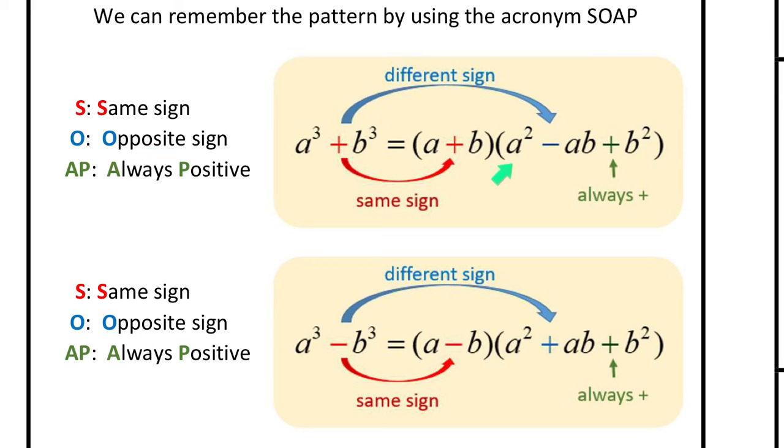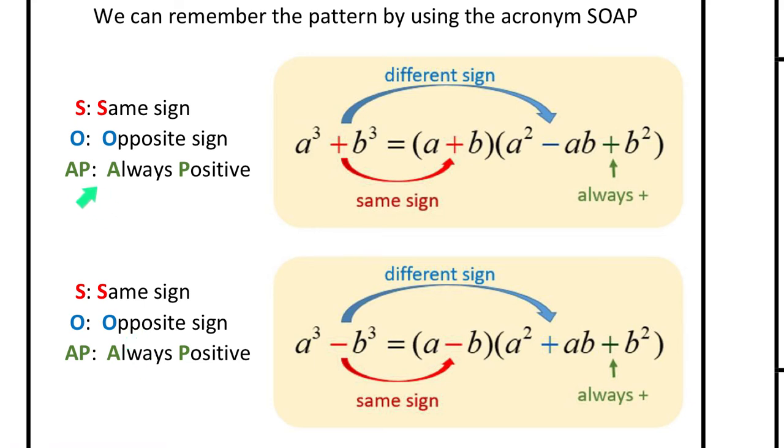Then when I'm working on the second parentheses, if the problem started with a plus in the middle, then the second parentheses is going to start with a minus. If the original problem had a minus in the middle, then the second parentheses is going to have a plus in the beginning. So that's what it means by opposite sign.